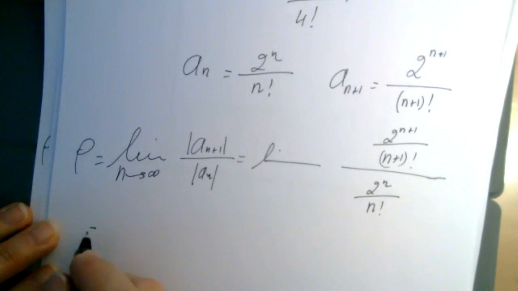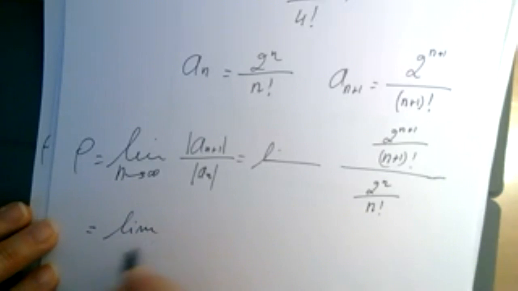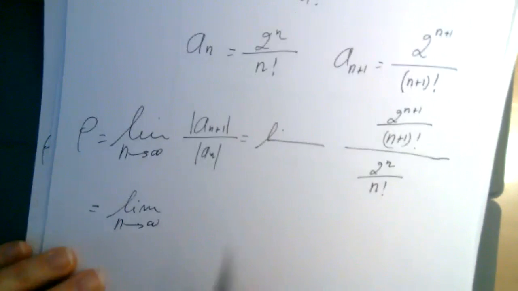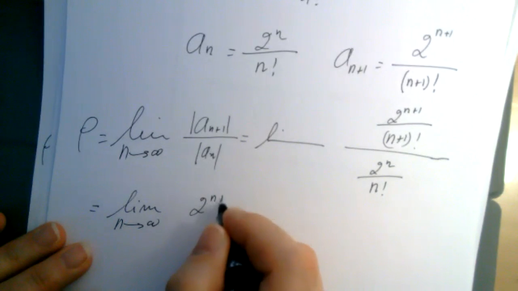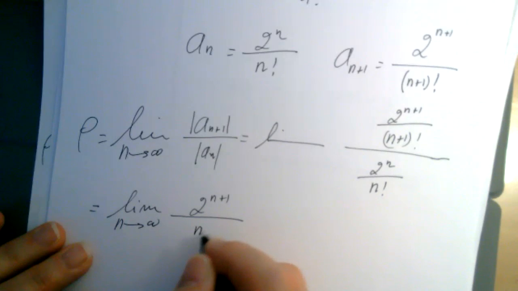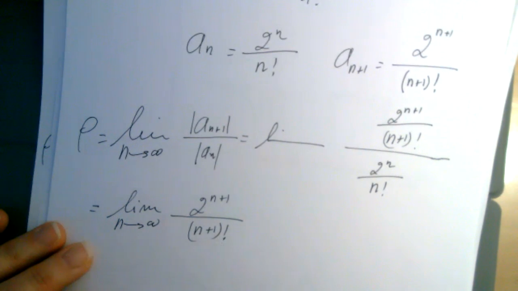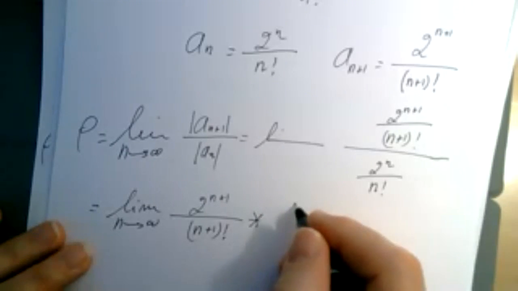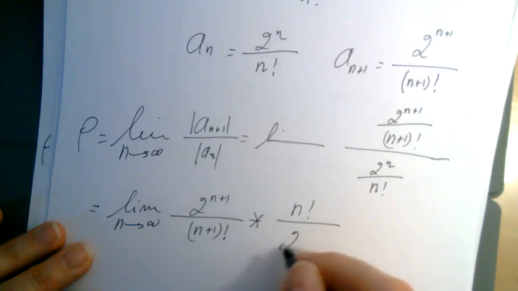I will do exactly what I did in the previous problem. It's going to give me 2 to the n plus 1 over the quantity n plus 1 factorial, times n factorial over 2 to the n.